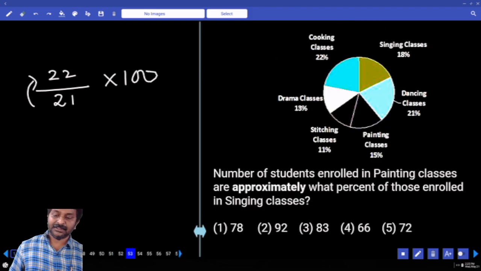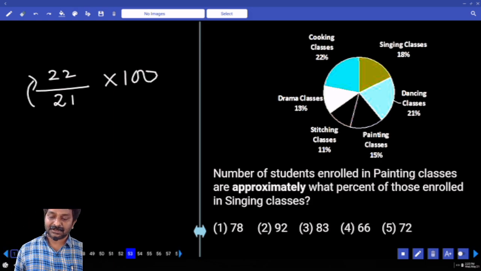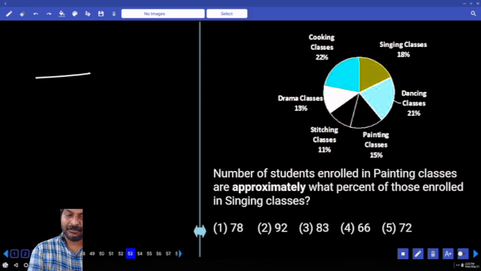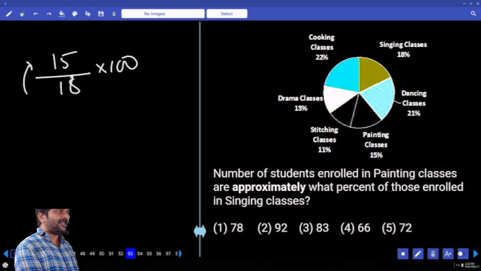This is over. 53. Number of students enrolled in painting classes are approximately what percent of those enrolled in singing? Painting, what percent do we have? 15. Singing, 18, correct? Numerator is less than the denominator. How much less?